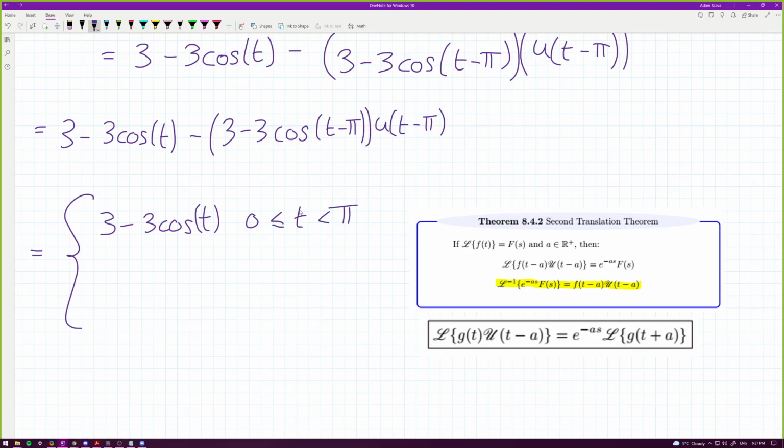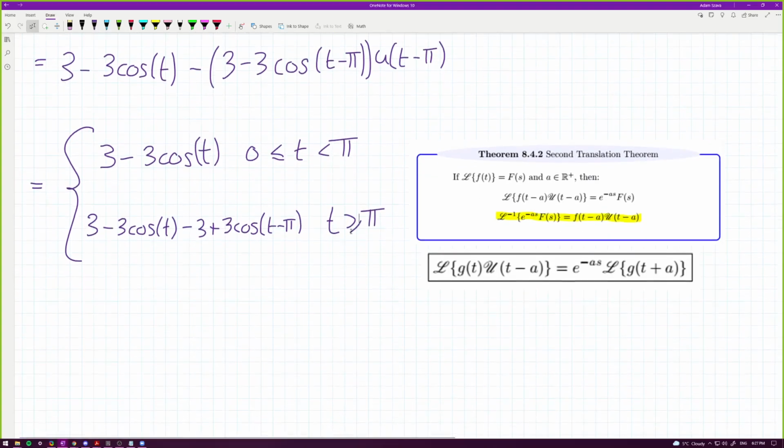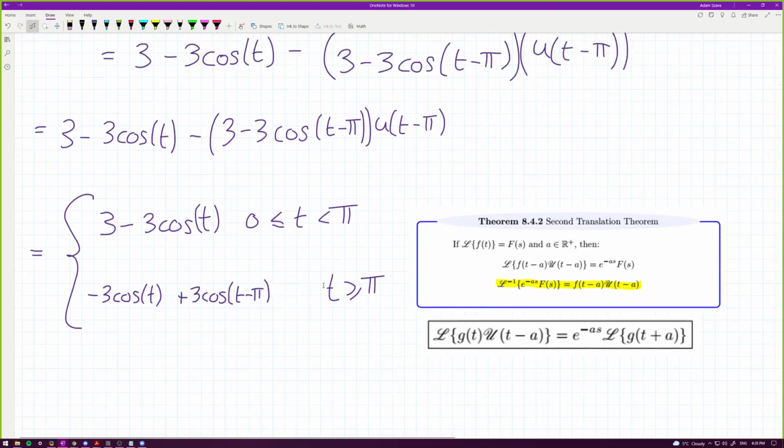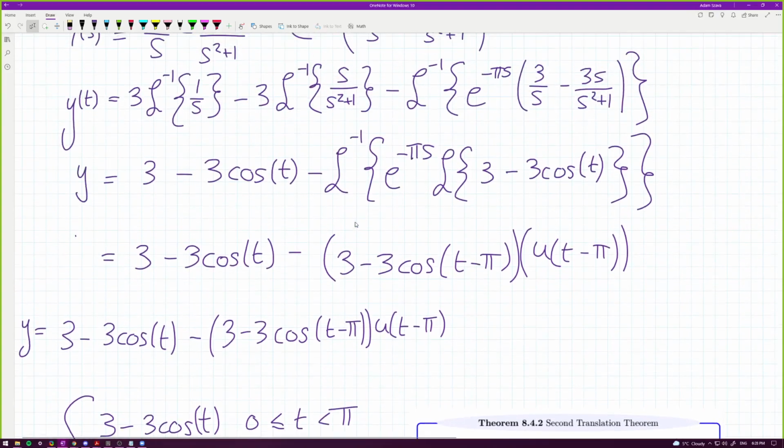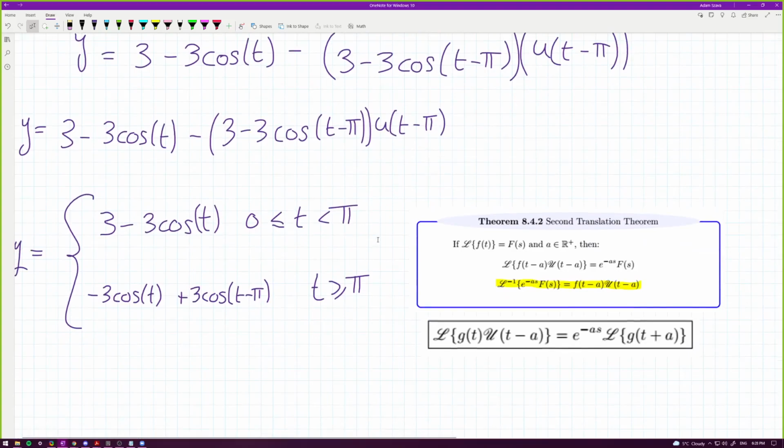Then at pi, this starts to activate, so it's subtracting. Essentially, for t greater than or equal to pi, it's 3 minus 3 cos t minus 3 plus 3 cos of t minus pi. But of course the 3 and the minus 3 cancel, and so we have this left. There's your solution. That is y, y of t, obviously. Okay, that's the first question.